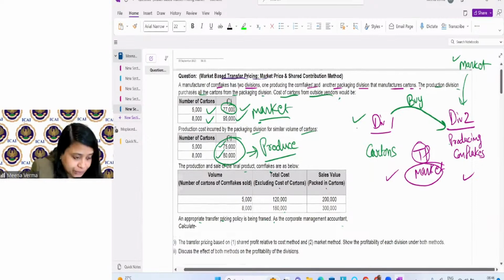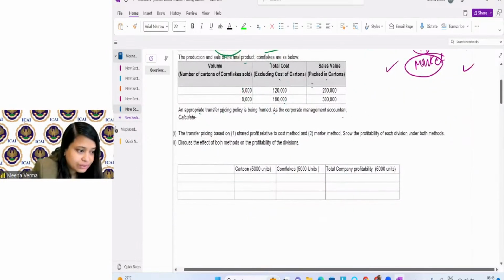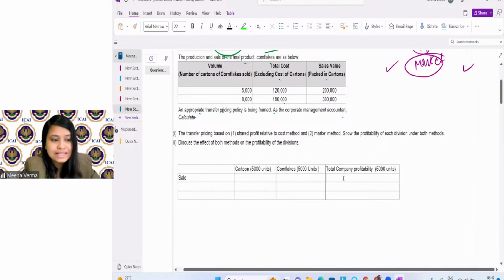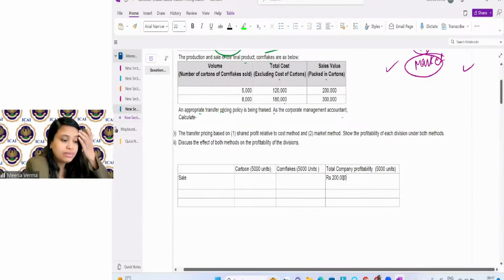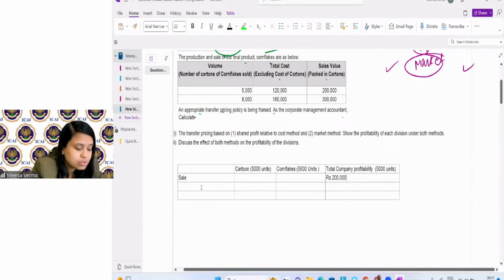Now what we have to do, we have to consider the final sale value of these final units. I'm just considering the sale value. The final sale value when we are selling how many units? 5,000 units. The final sale value is this. 2 lakh is the final sale value. All right. And then we will consider after this, what is the total cost?